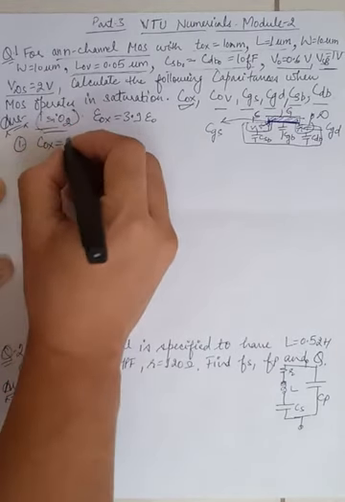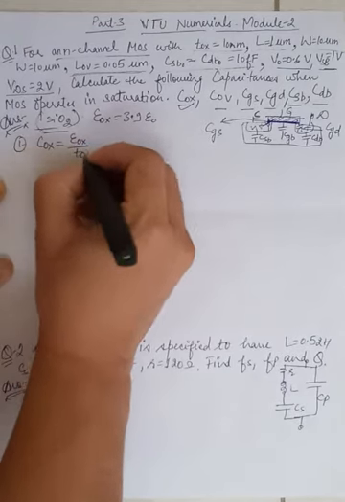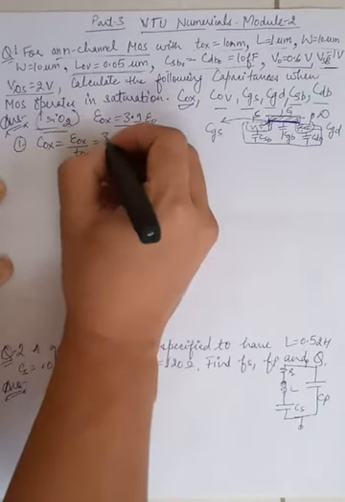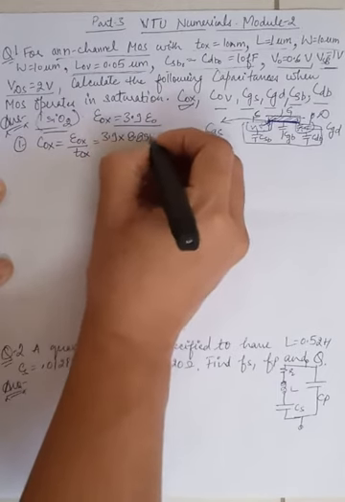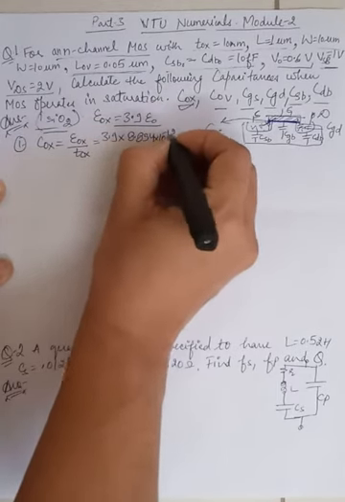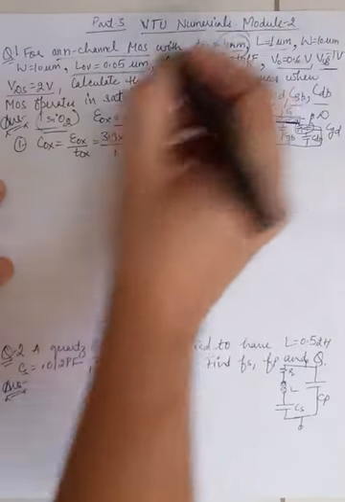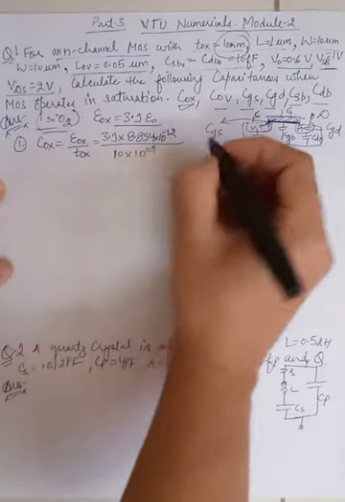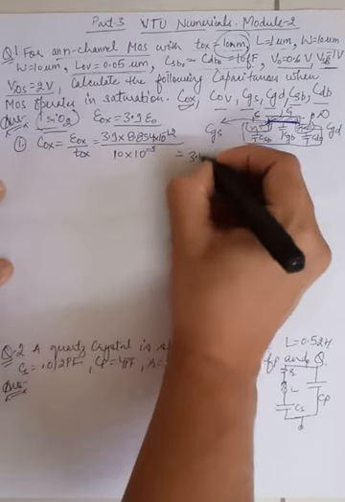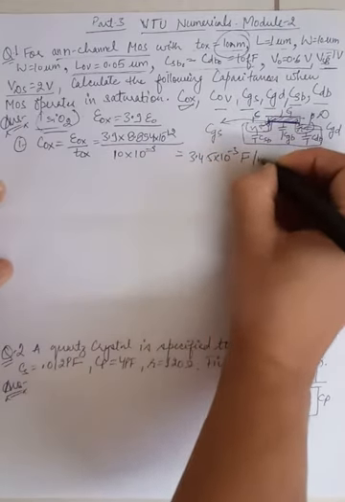COX is nothing but oxide capacitance per unit area, that is equal to epsilon OX upon TOX. Epsilon OX is 3.9 epsilon naught. Epsilon naught is nothing but 8.854 into 10 to the power minus 12, which is a constant. TOX is 10 nanometers, so 10 into 10 to the power minus 9. When you calculate, you will get the value as 3.45 into 10 to the power minus 3 farad per meter square.